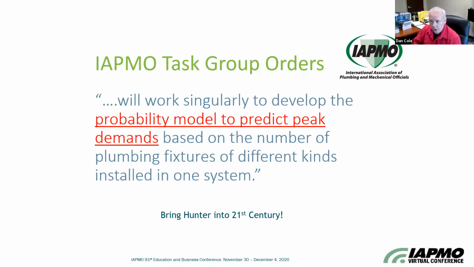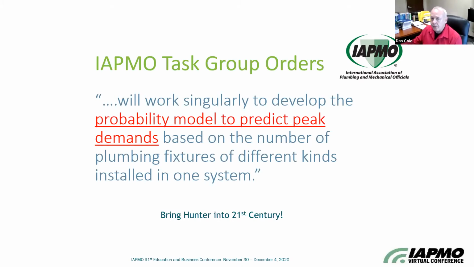And that was the same thing Hunter was doing, based on the number of plumbing fixtures of different kinds installed in one system. This task became more refined, so that we are going to apply this probability model for water conserving plumbing fixtures and for residential and multifamily dwellings.